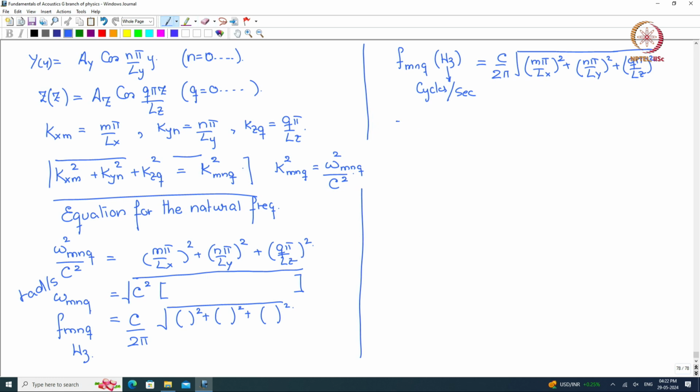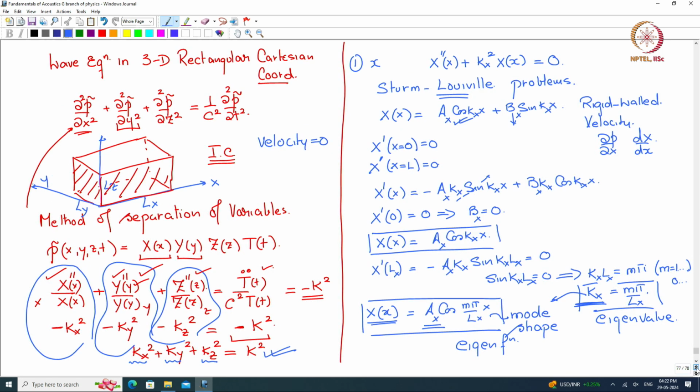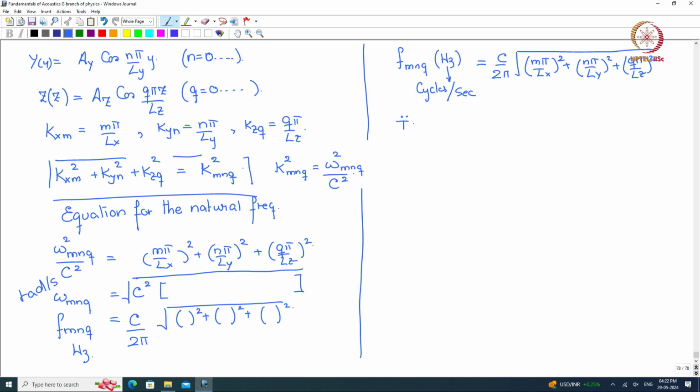We had T double dot plus k squared T, now k squared is k squared mnq, right, into c squared is equal to 0, and kc is omega.